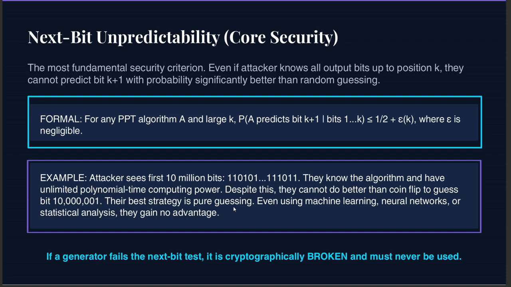Only mathematical unpredictability does. That's why cryptographic security is fundamentally different from statistical randomness. And if a generator fails next bit unpredictability, the generator is considered broken immediately. If the next bit can be predicted, the future cryptographic secret can also be predicted.